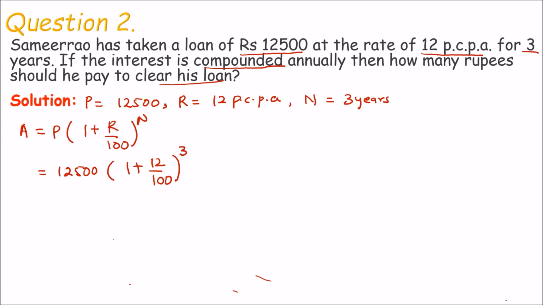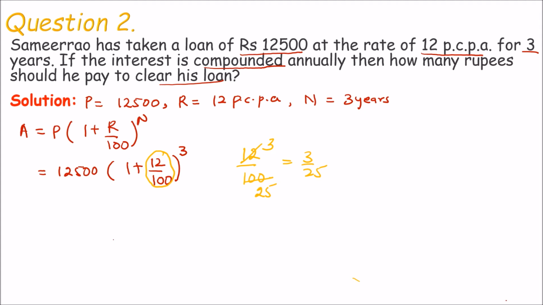Now we will go for the lowest form of 12 upon 100. So let's see how to find it. 12 upon 100, you can cancel by 4: 4 3s are 12, and 4 25s are 100. So 3 upon 25 will be the lowest form of 12 upon 100.